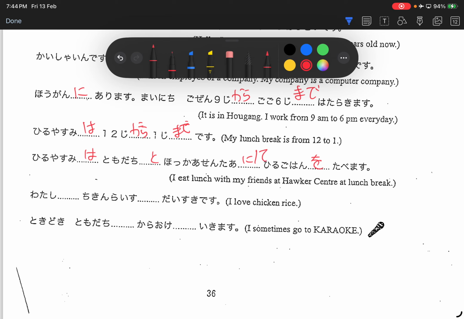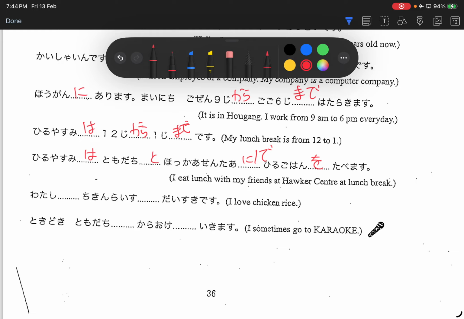Why can we use ni? The hawker center is a place that you go in, so we can say we eat in the hawker center. So that's why ni is okay. Of course, the place of action we still use で, since the eating is happening there.